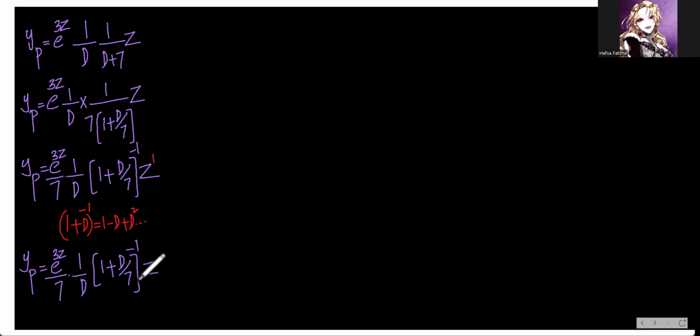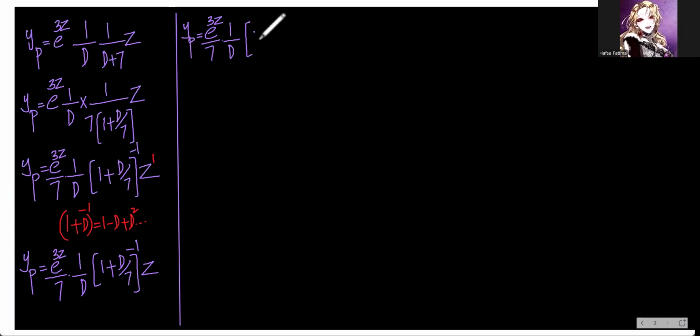Now if we apply the binomial expansion, this will continue here. yp is equals to e power 3z by 7 into 1 by d, and look at that: the first step is 1. There only one stage will be getting d minus d by 7. The next stage is not required because the z power is 1 here.